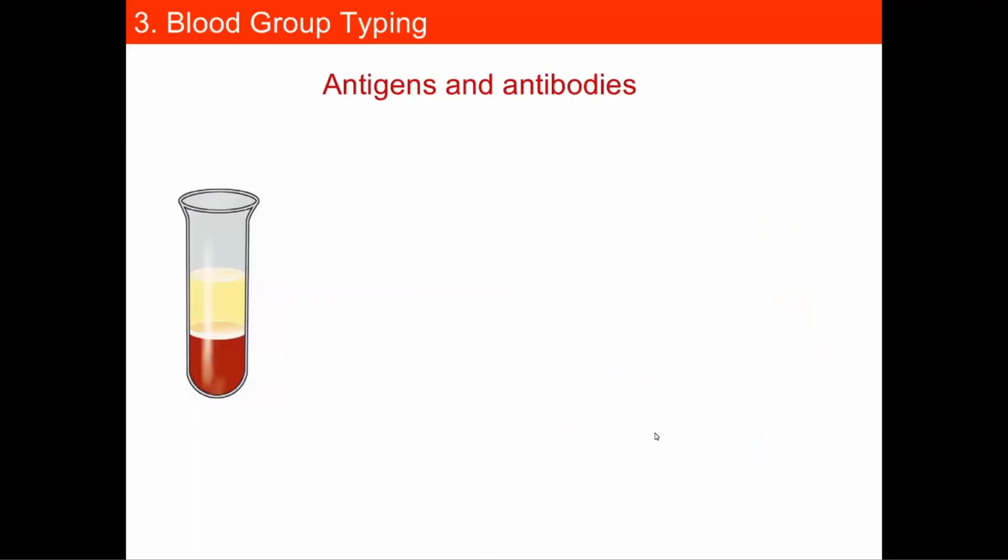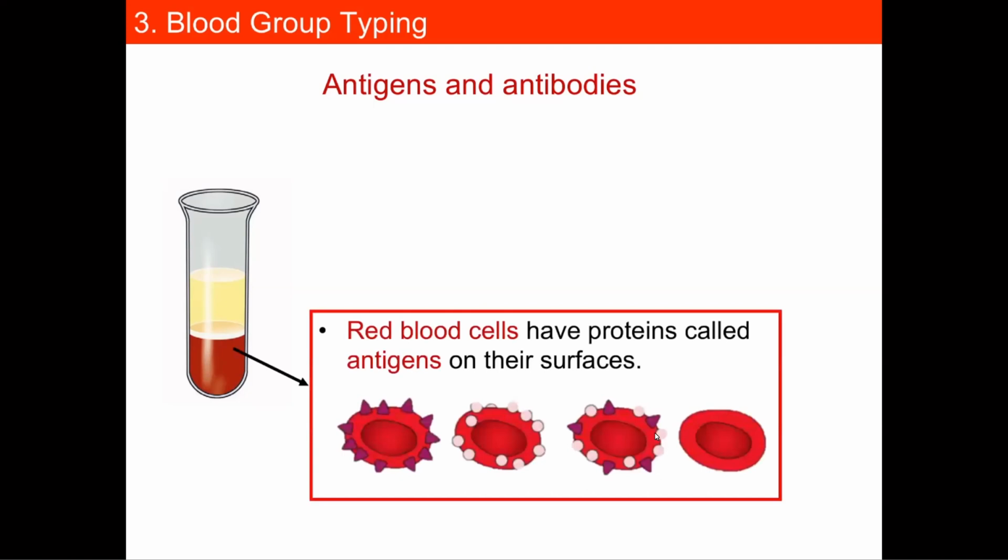Now, when we talk about blood groups, we have to talk about the concept of antigens and antibodies. Remember earlier on I said that red blood cells have surface proteins on their surface.